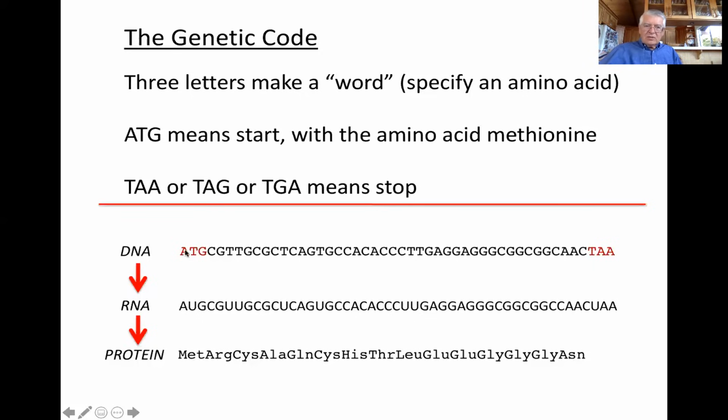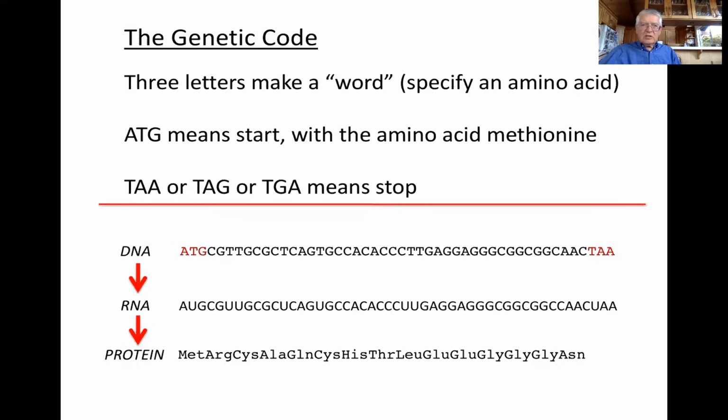So you take the gene, you've made a copy of it in RNA, which is identical except instead of using T's, you use U's. And so AUG means methionine, CGU means arginine, UGC means cysteine. You keep going until you get to a stop codon, and that brings you to the end. So this is the core of what the genetic code is.